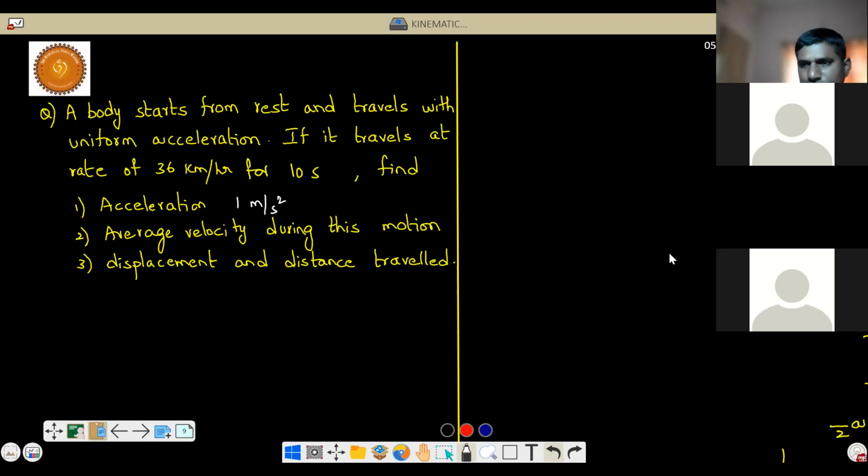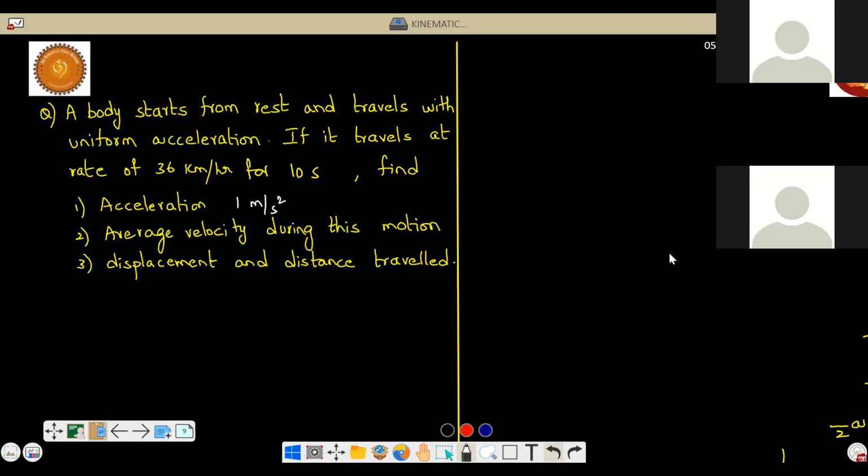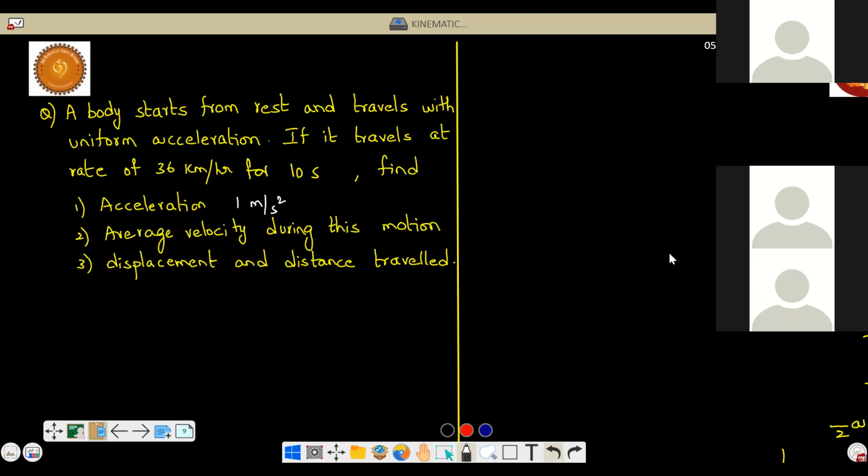Others are doing? Hemant, Charishma, Deepta, Tejisa, are you doing?